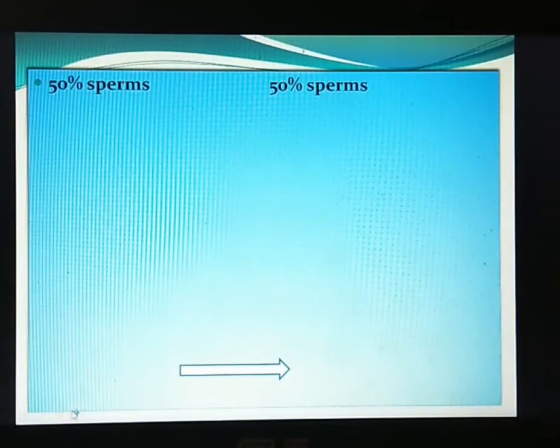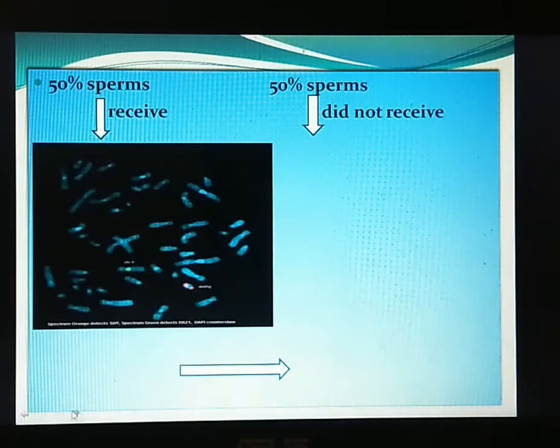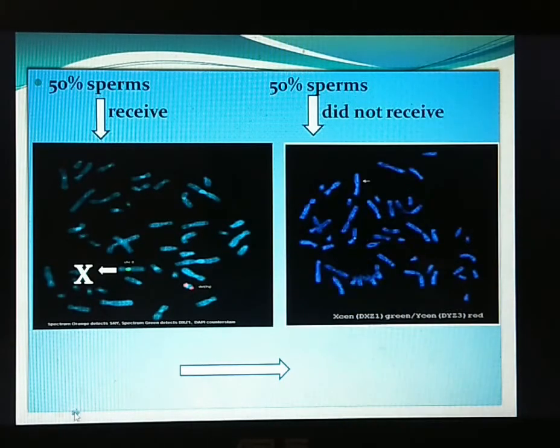He observed that 50% of the sperms received one structure, okay, whereas the other 50% of sperms did not receive that structure. That structure was some X-shaped body which he found in 50% of sperms, whereas in the other sperms he did not find this X-shaped structure.